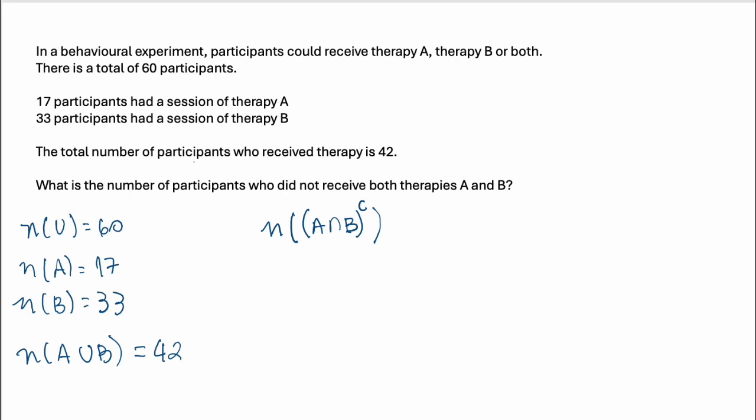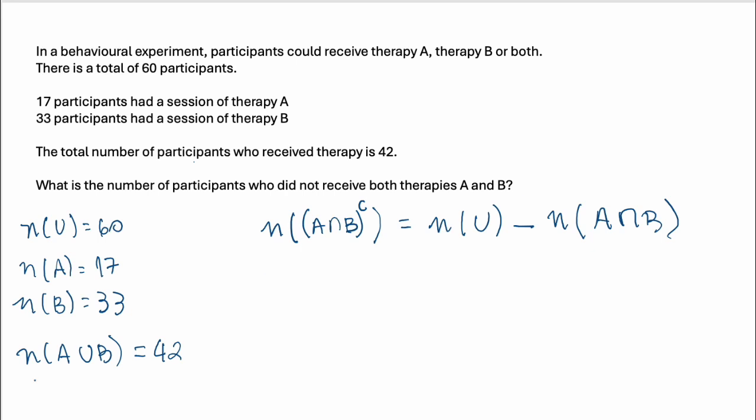Okay? All right, so let's remember the formula for the complement. The complement is, well, take all your universal set and don't count people that are inside the set. Okay, so this is what the formula means.